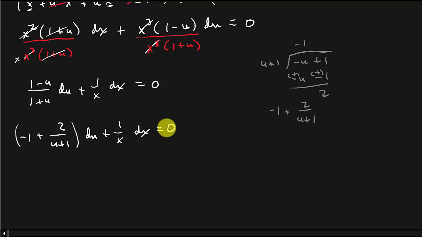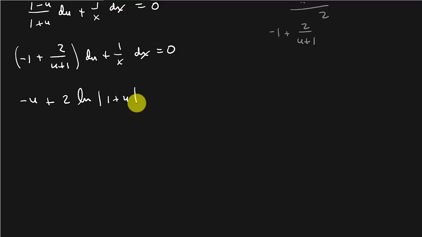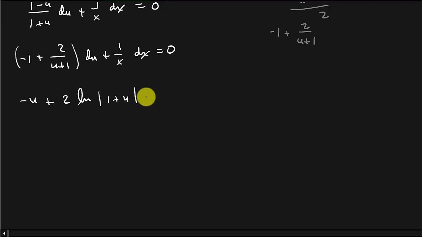All right, so now we're going to integrate everything. Of course, this is going to be negative u plus 2 natural log of 1 plus u. If you wanted to, you could write u plus 1, doesn't really matter.